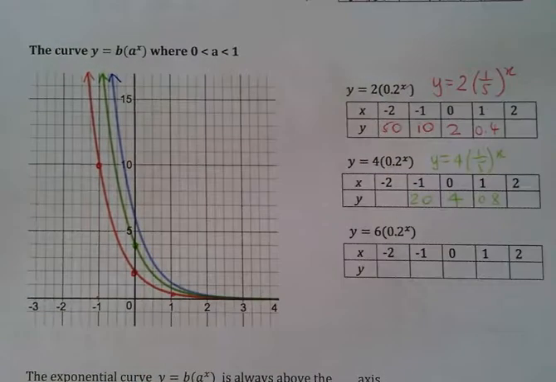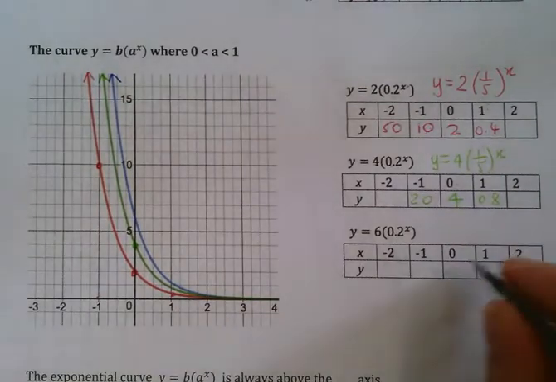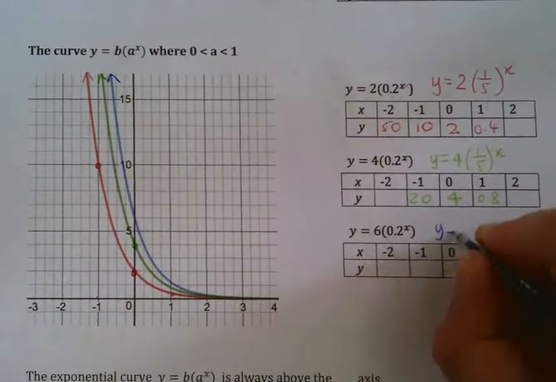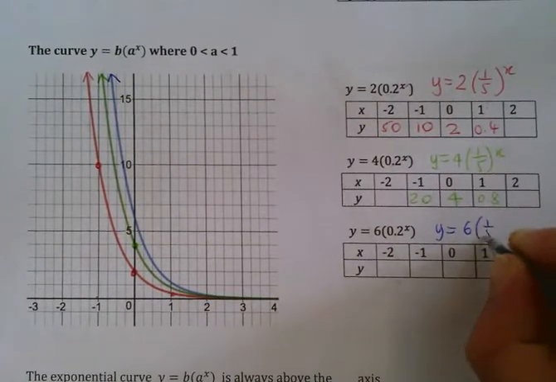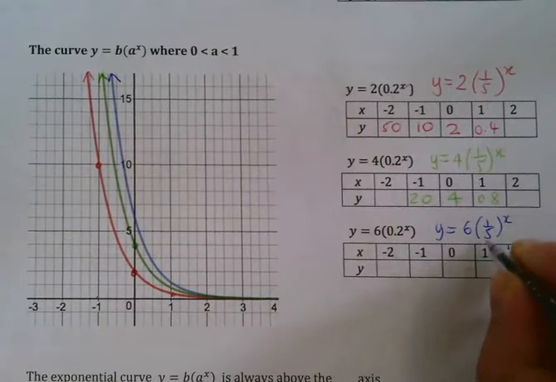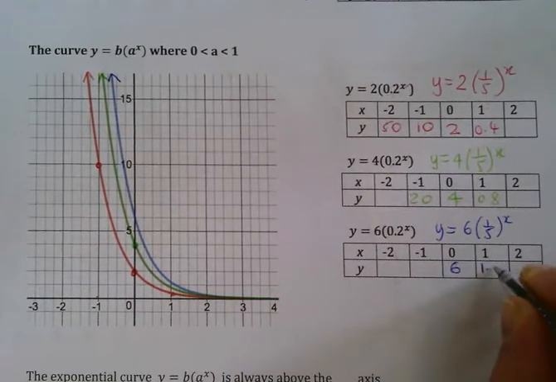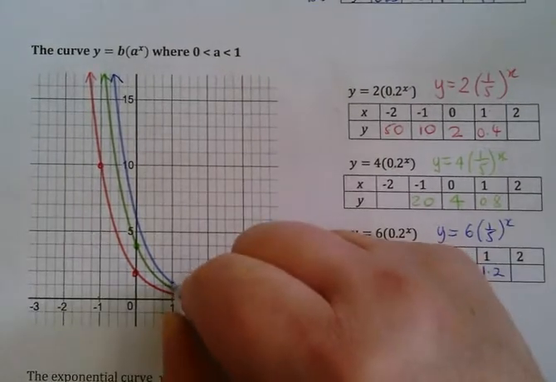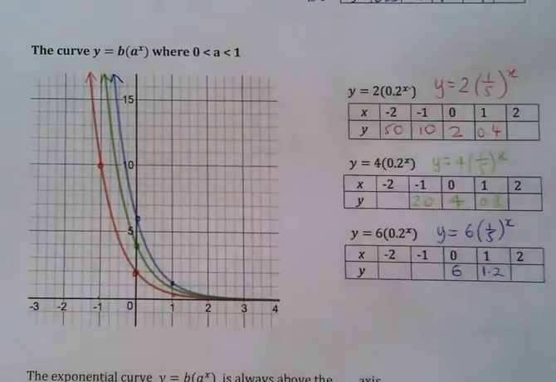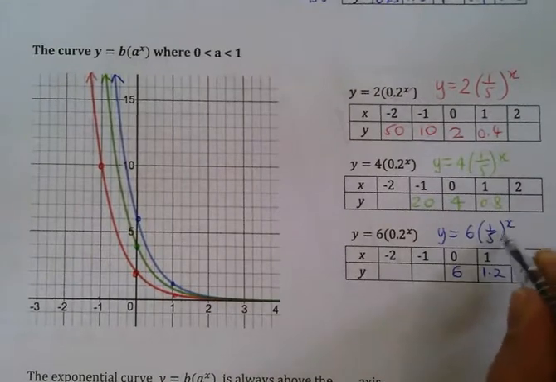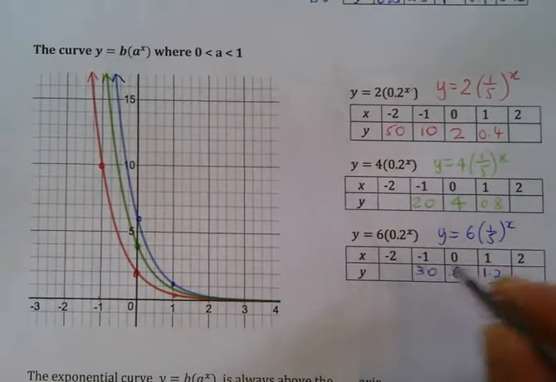That's going to be your distinguishing feature. And for the last one, this is really the curve y equals 6 times 1/5 to the power of x. Again, when x is 0, y is 6. When x is 1, you get about 1.2. But the main thing here is that 6. When x is -1, I think you get 30.